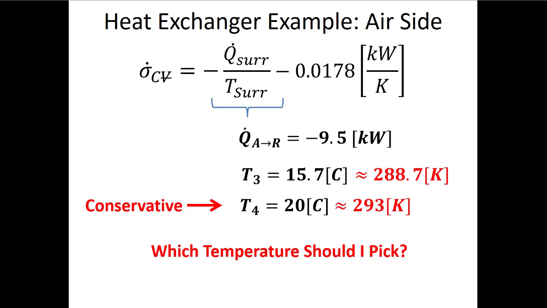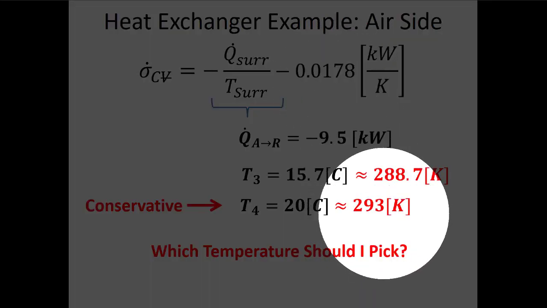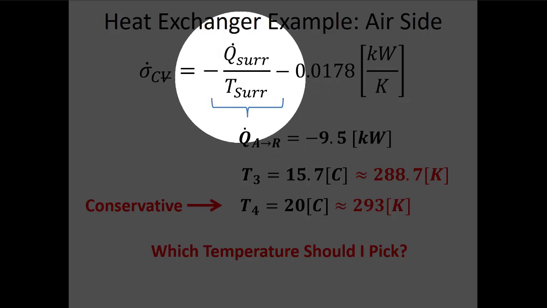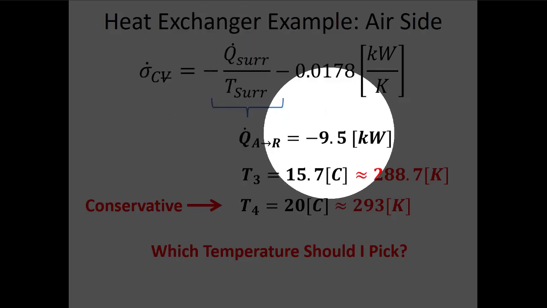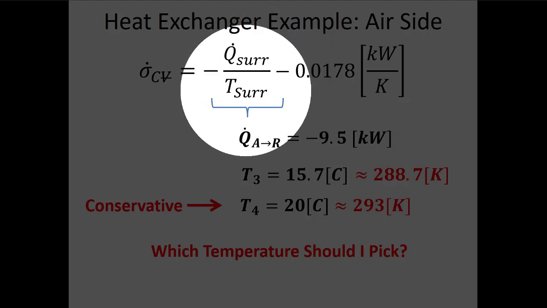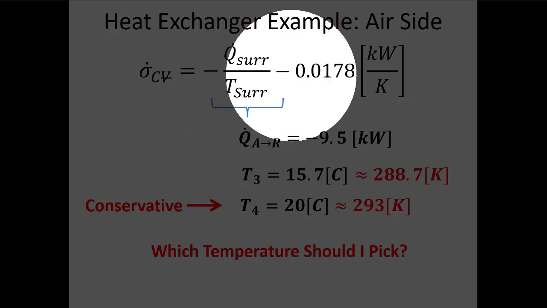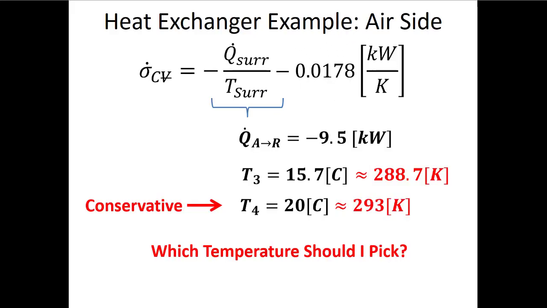So here, I'm going to pick this higher temperature value because then this term, which I know is going to be positive because I'm going to have a negative times a negative, right? So I'm going to pick the bigger value in the denominator because that will make this positive term smaller. And if that smaller term is still bigger than this negative number, then I'm going to feel pretty confident that it actually does have a positive entropy generation rate.